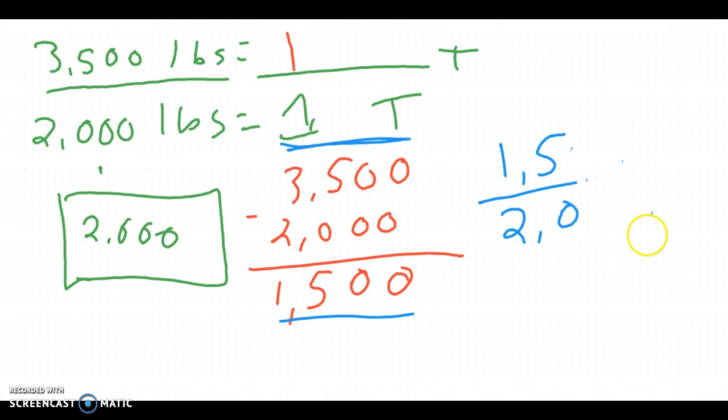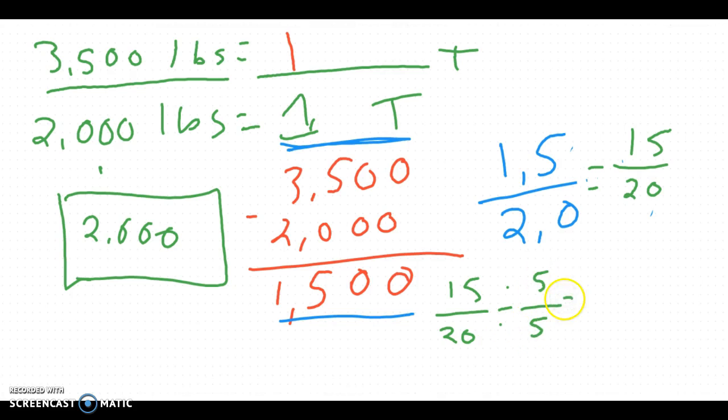So I'm left with 15/20. I'm going to simplify that again. I'm running out of room, so I'm going to write it down here. What can I divide both 15 and 20 by? I can divide by 5. 15 divided by 5 is 3. 20 divided by 5 is 4.